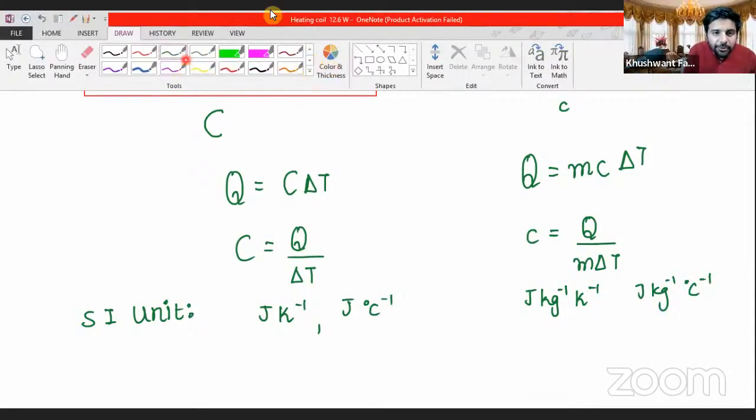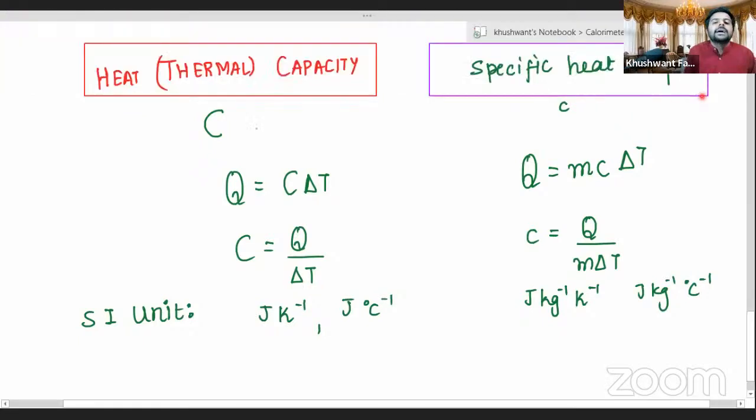Each one of you will put this down into your copies. Let's take some questions and make it even better. है ना? I'll repeat for all of you. Thermal capacity is just a simple expression which is equal to mass into specific heat capacity. So ये जो specific heat capacity होती है ना, ये body की property होती है, right? It is the property of the body.